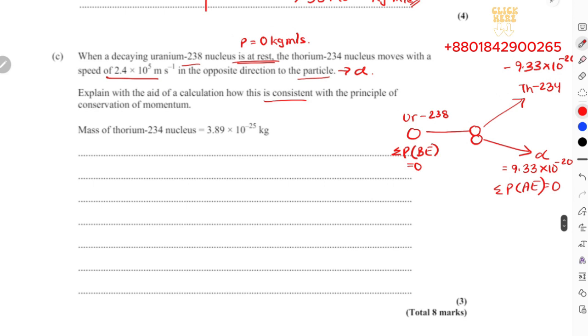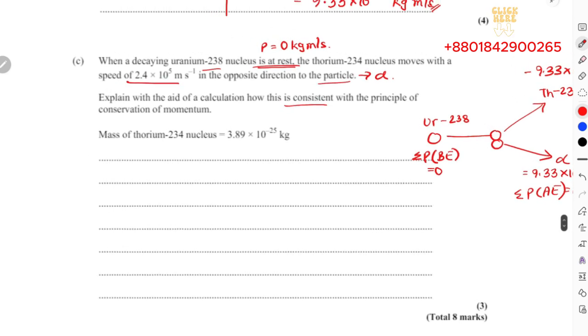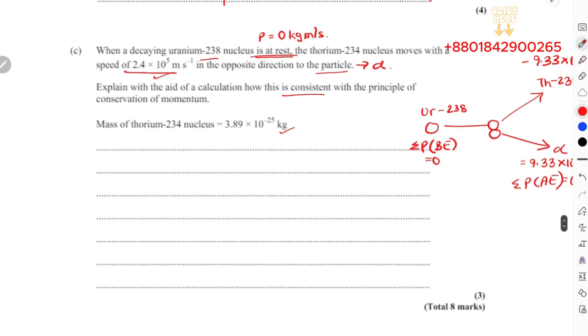Now we just have to prove that, and we can prove it using the mass and the velocity of the thorium 234 nucleus. So momentum for thorium 234 is going to be 2.4 into 10 to the power of 5 multiplied with 389 into 10 to the power of negative 25.